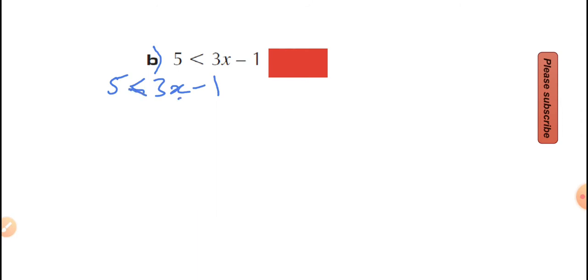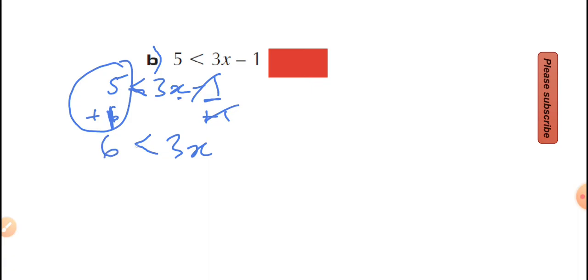So now to get the x on its own, I have to get rid of this minus 1 here. So to do that, I have to add 1 to both sides. So if I add 1 to both sides, the minus 1 and the plus 1 cancels out on the right hand side, leaving just 3x. Copy the sign down, and 5 add 1 here on the left hand side is equal to 6.